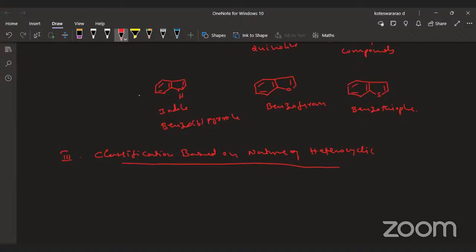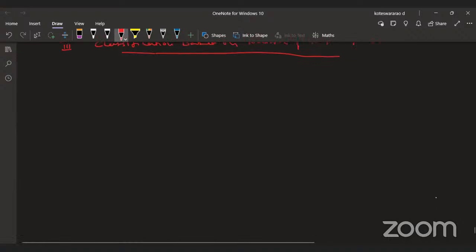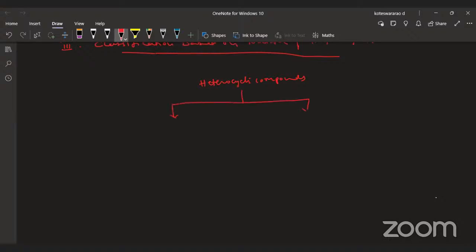Here these heterocyclic compounds are classified into heteroalkanes, fully saturated, that is, fully satisfied valences, and heteroaromatics. These heteroaromatics are again classified into simple ring heteroaromatic compounds.